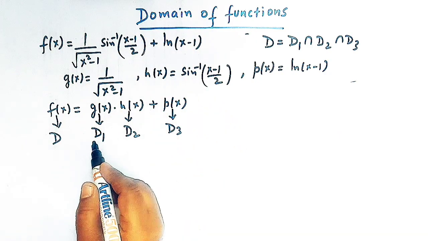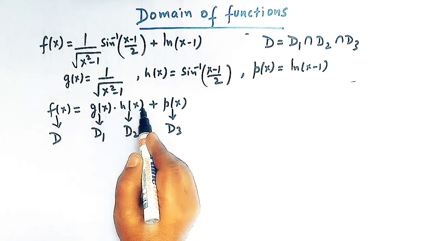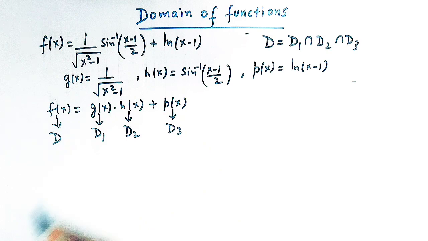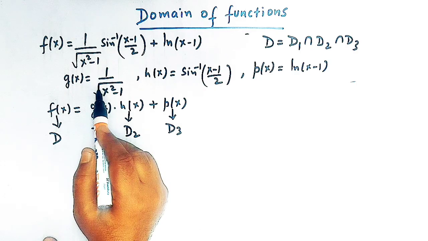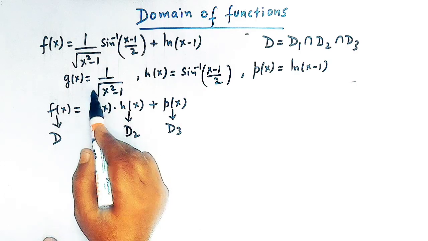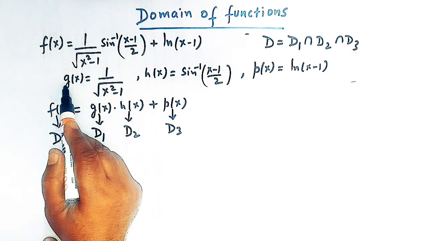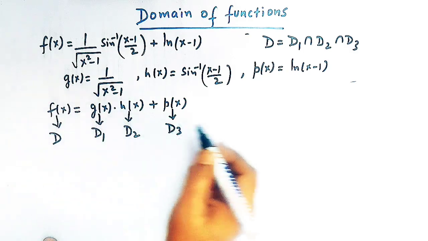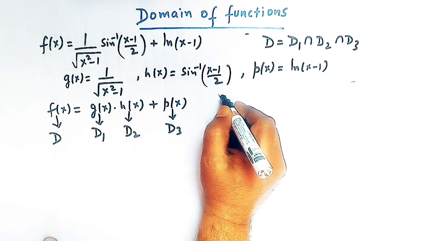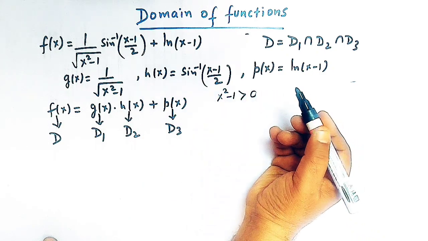So let us find out the domain of the function g of x, h of x, and p of x one by one. So let us first take g of x. Now see, here in the denominator we have square root of x square minus 1, and clearly this function g of x is defined for those values of x for which x square minus 1 should be greater than 0, right?